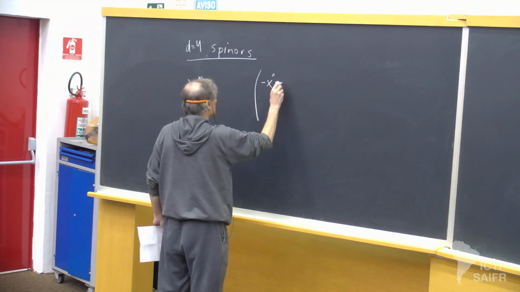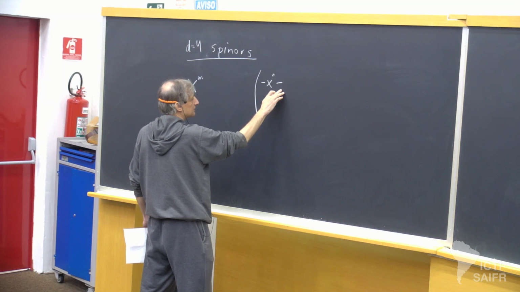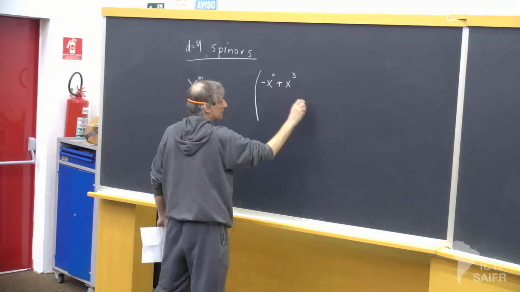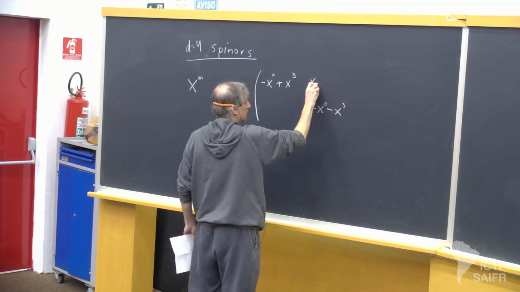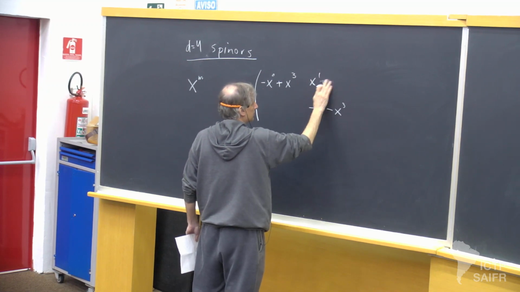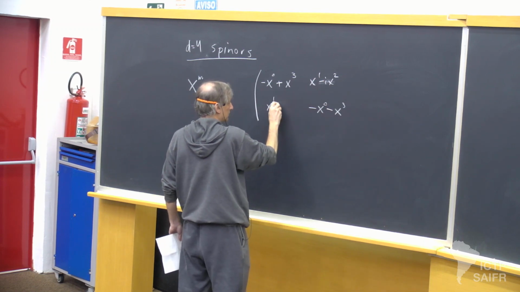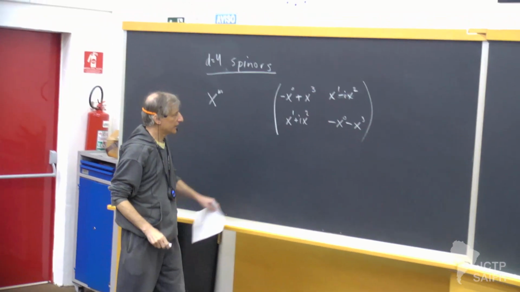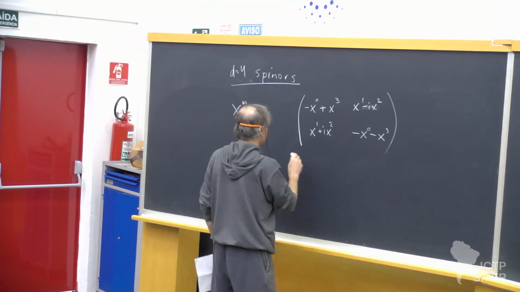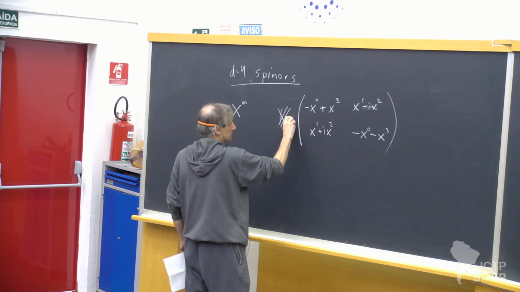So I'm going to just define this 2 by 2 matrix in this way. I guess minus I. So the nice feature of this is that if you take the determinant of this matrix, so let's call this matrix capital X, I'll just write it like this.